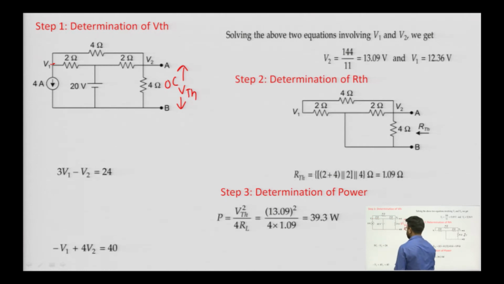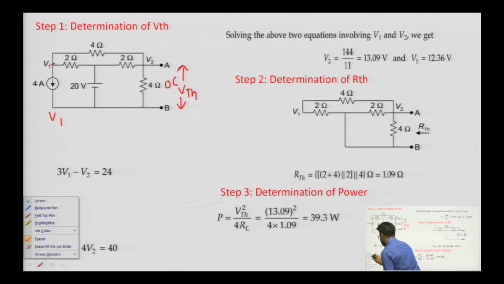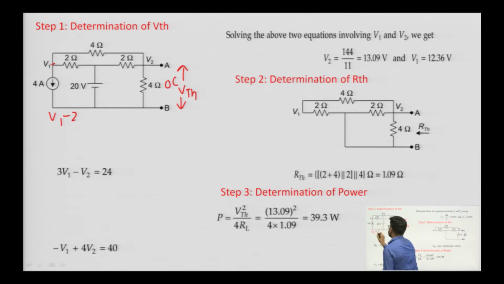Now, to calculate VTH, first of all we will apply KCL at this point, at V1. So, it will be V1 minus 20 divided by 2. I am applying KCL at this point.